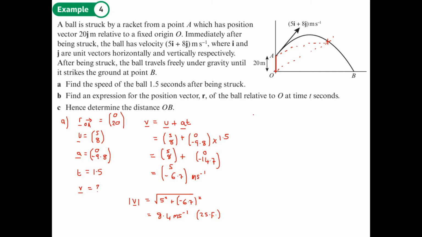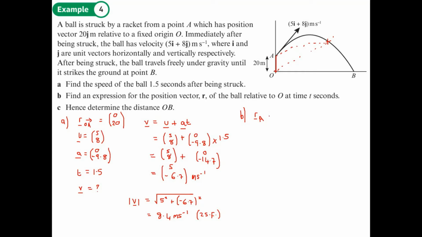Okay, so the first thing we want to do for part B is find R, and we could do that using, let's call it RA. So that's going to be looking for this position vector here.